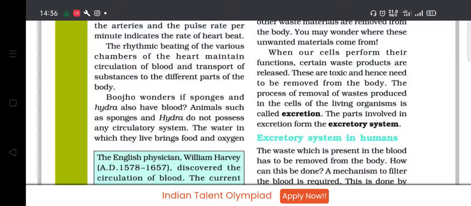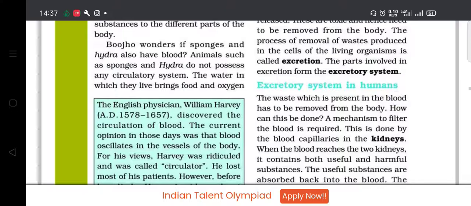So children, whenever cells perform their function, certain waste products are released which are toxic and hence need to be removed from the body. So the process of removal of waste products of the cells of the living organism is called excretion, and the parts involved in excretion form the excretory system.